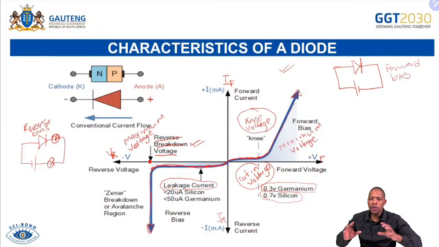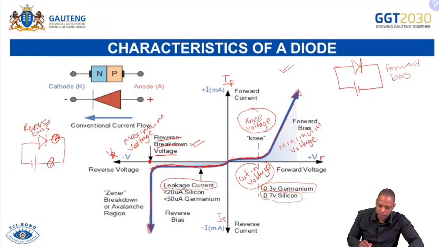So maybe we're thinking, what if we keep on increasing the voltage even on the reverse? Won't it increase the depletion region to a point where it is now conducting electricity? It's not going to happen. You are eventually going to break down that diode if you connect it in reverse bias. But let me emphasize the point here.